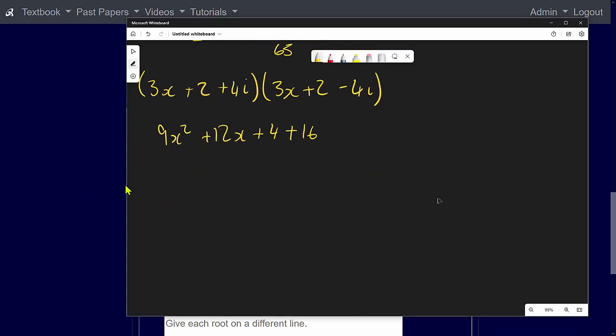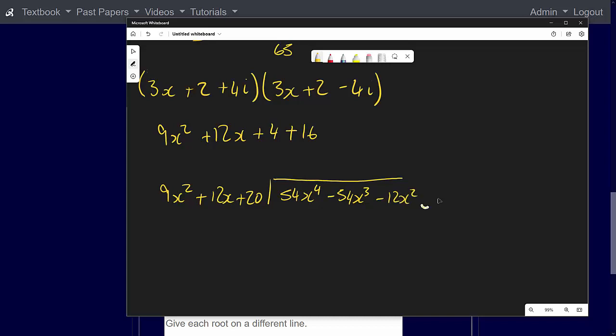So I'm going to get 9x squared plus 12x plus 20, and I'm going to divide that into 54x to the 4 minus 54x cubed minus 12x squared minus 232x plus 80. Okay, and that line needs to be extended a little bit.